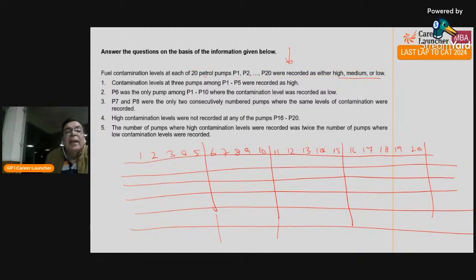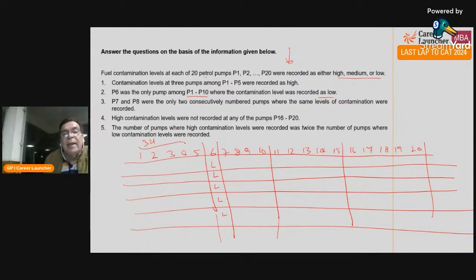It is telling me the contamination level in P1 to P5: 3 are high between P1 to P5. P6 is the only pump among P1 to P10 where the contamination level is recorded as low. Okay, till P10, no other lows are there.